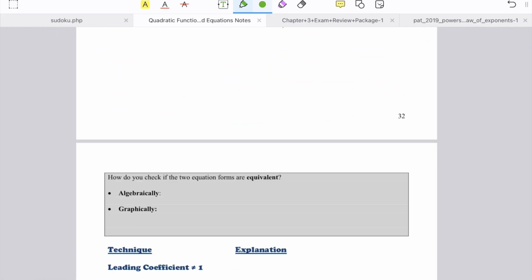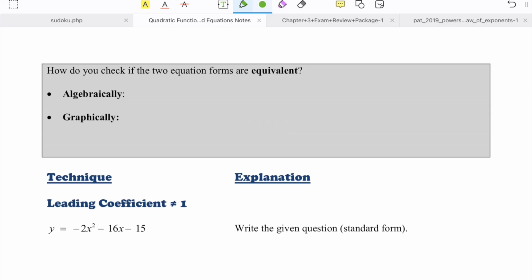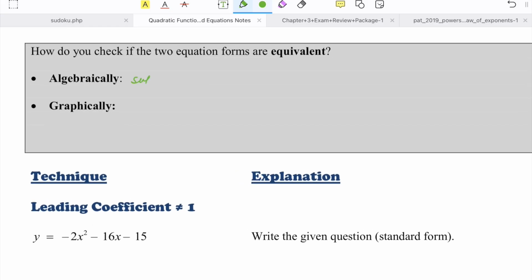Okay, let's move on. So if you want to check if we did this properly or not, what we can do is we can either sub in a value for x and solve for y.